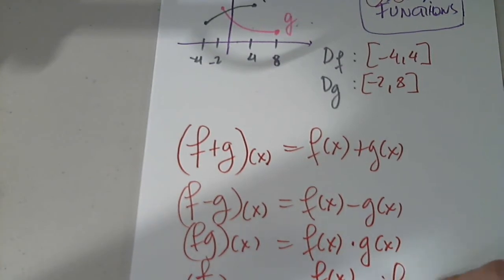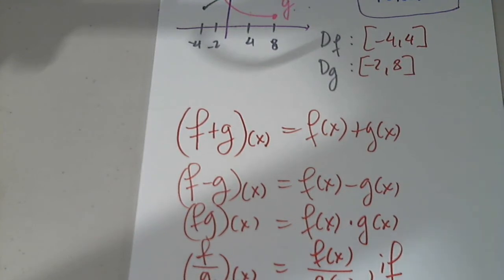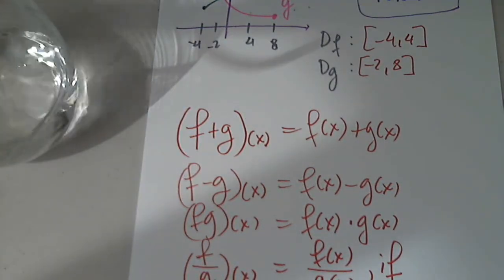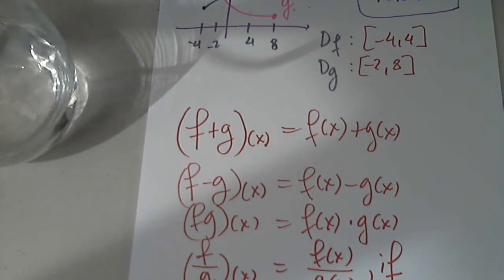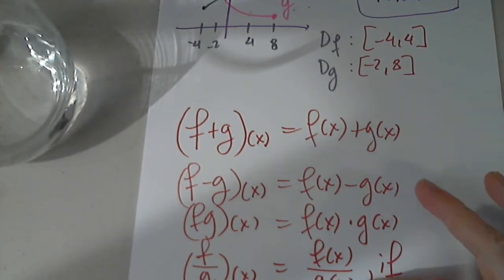However, this one has an if. How come that these did not have an if, but this one has an if? And what is it for? Why do I need an if in there? Can anyone tell us why I need an if, but I didn't need it when I added, subtracted, or multiplied, but I need it when I divided?